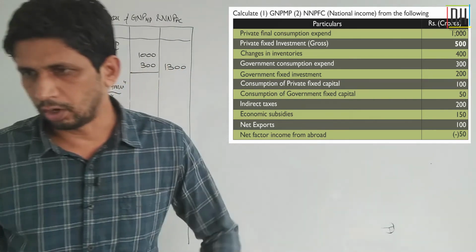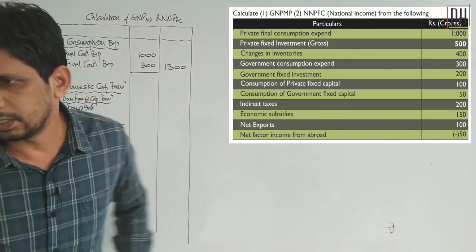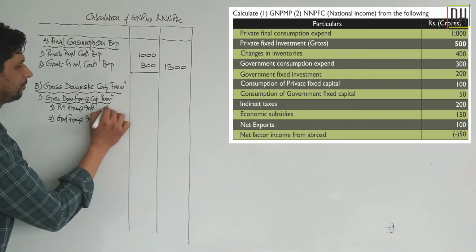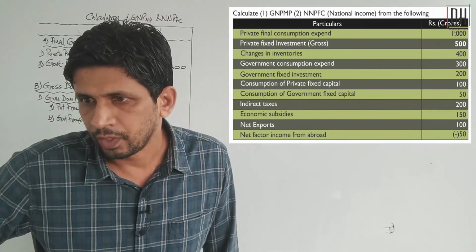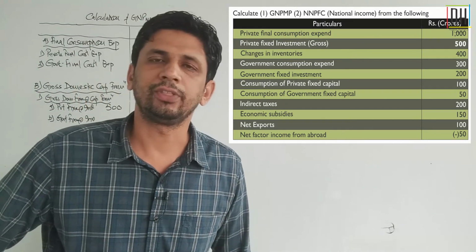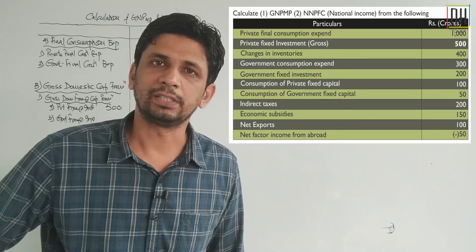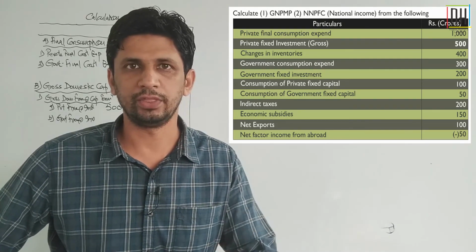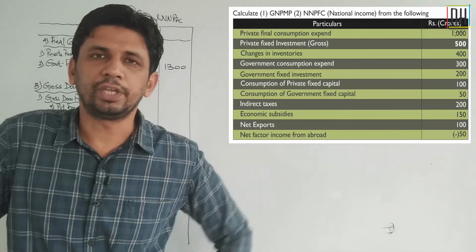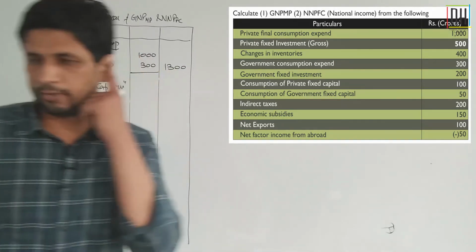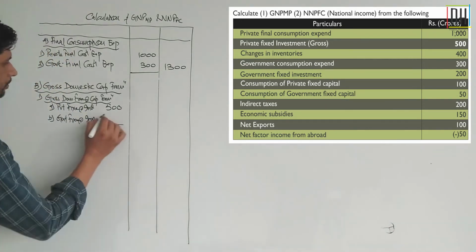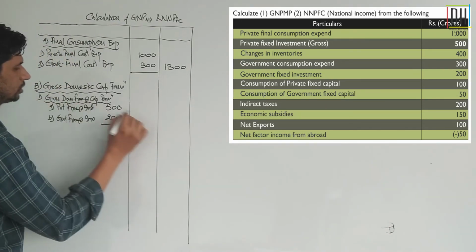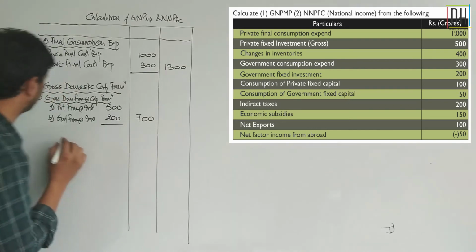Private fixed investment is rupees 500 and gross is already given in that. With government fixed investment, nothing is mentioned whether it is gross or net value, so we assume it to be gross. So government fixed investment is rupees 200. It means gross domestic fixed capital formation is 700.